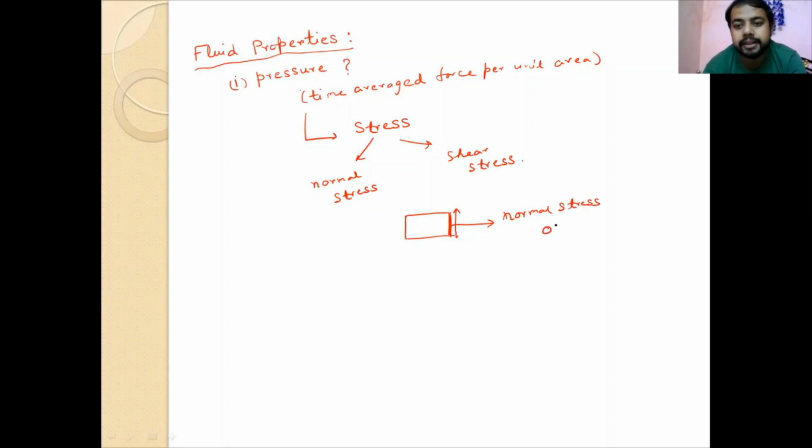It can be written as sigma x, sigma y in this manner. And shear stress is along the area. So stress is of two types, normal and shear. Some concept of stress we'll see, then we'll come back to pressure.